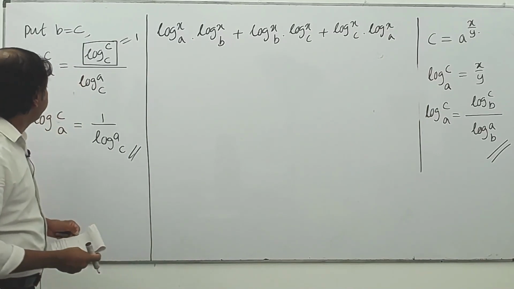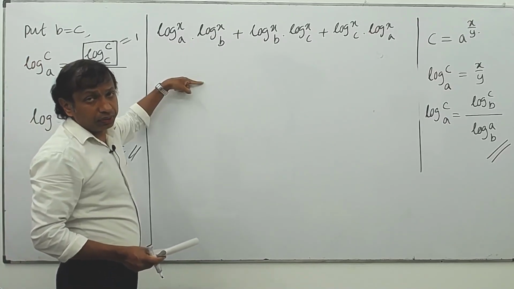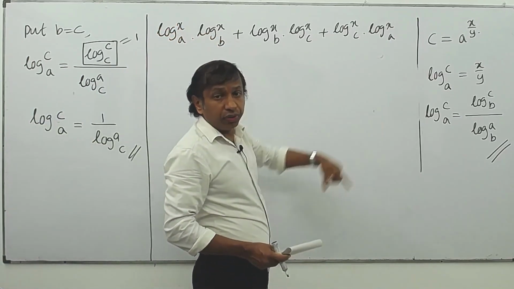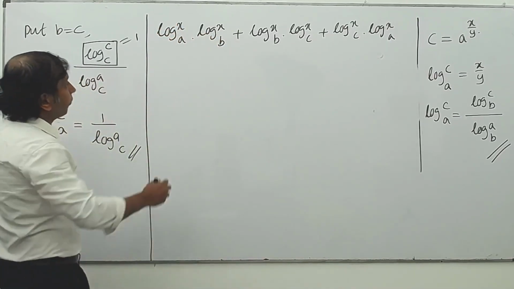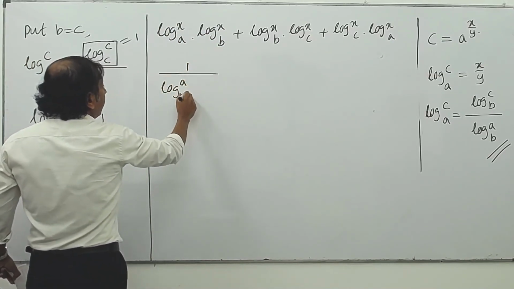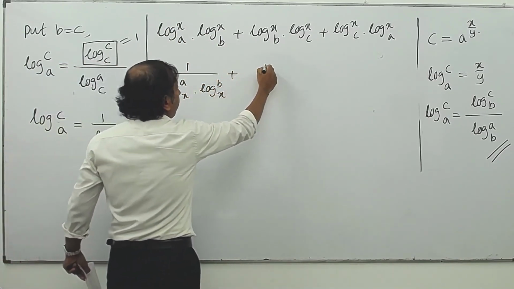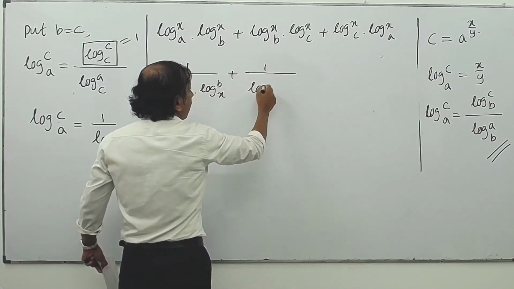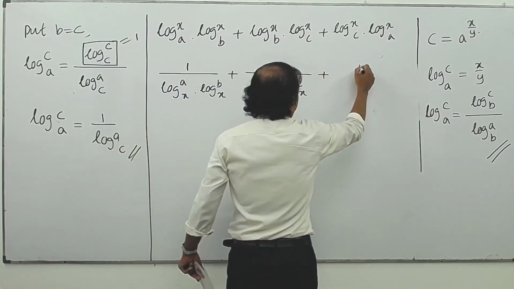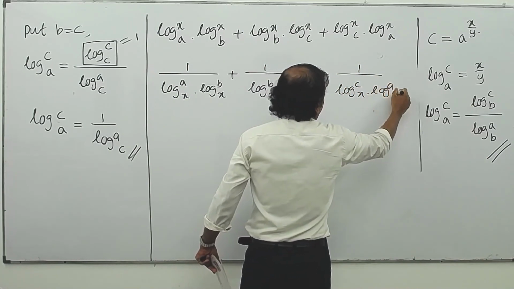Okay, now using this theory, we can take this term to the denominator. Then what happens? These numbers exchange the places. Alright, that we do as our first step, right? Then this one we get log A x, log B x like this. Here, 1 over log B x log C x like this. 1 over log C x log A x.